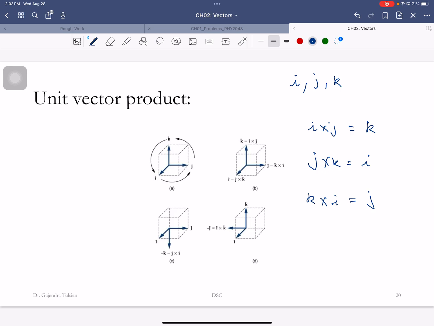Quickly, what is i cross k? So k cross i is j. What is i cross k? Very good, negative j. You just learned a cross b is c, b cross a is minus c. So it's good to remember this.